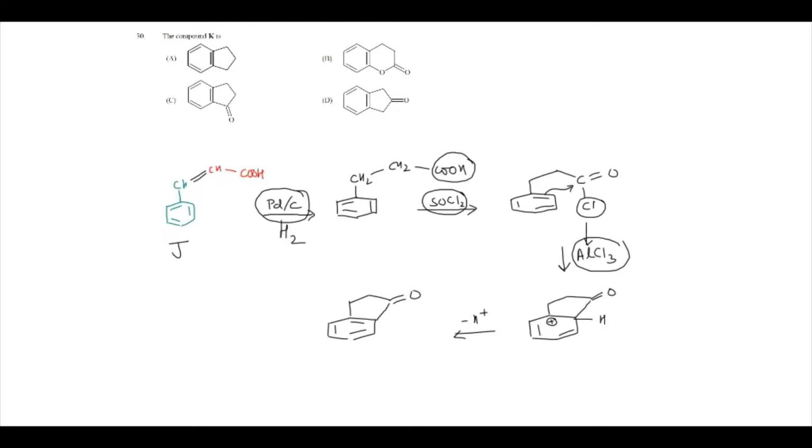A cyclic intermediate is formed, which after deprotonation gives the actual product K. So this is our K. Now let us check which among the following options has the same structure as our predicted K. If we check, we will get that C has this structure. So C is the answer. So the compound A is C.